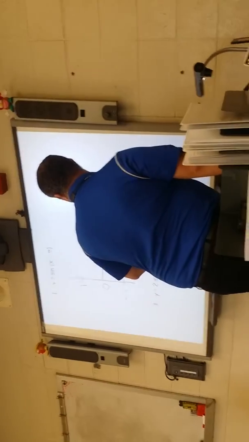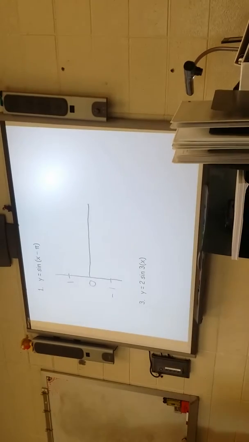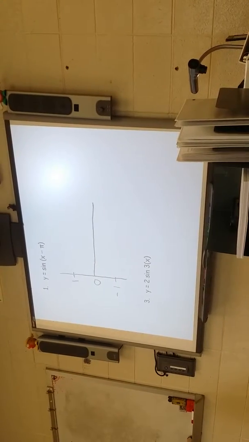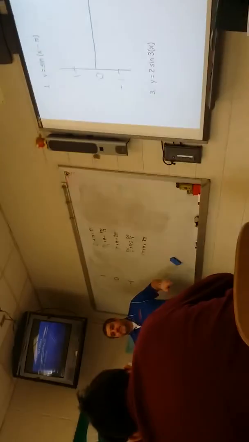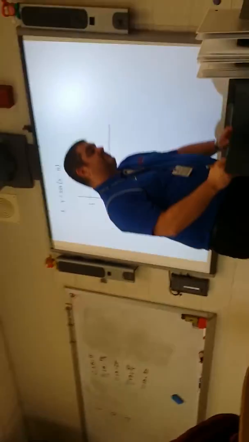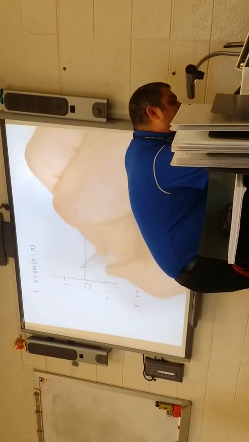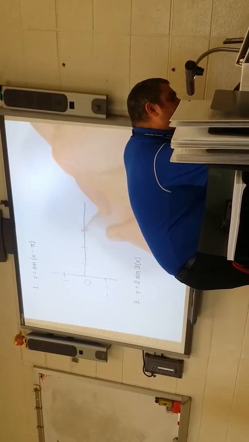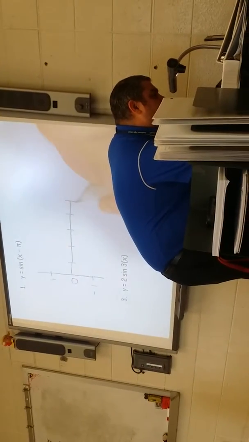For this problem, am I going to have to use an x value of 0? No, I'm not using an x value of 0. I've got 5 positive x values. None of them are 0. So since I have 5 positive x values, 1, 2, 3, 4, 5.